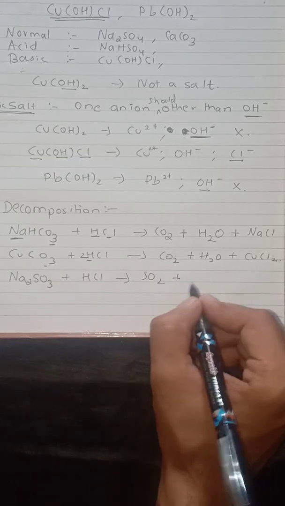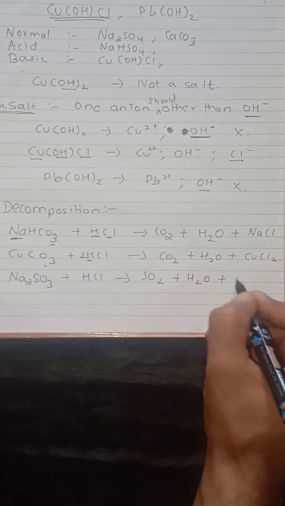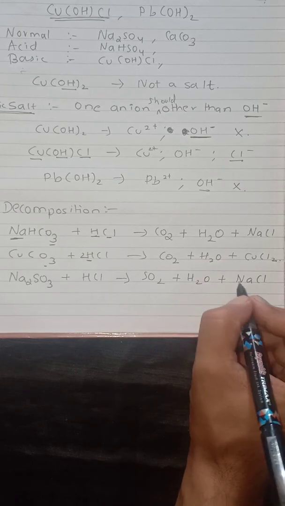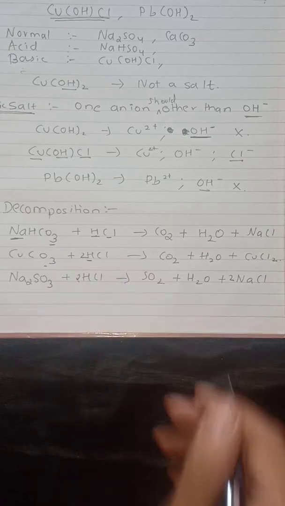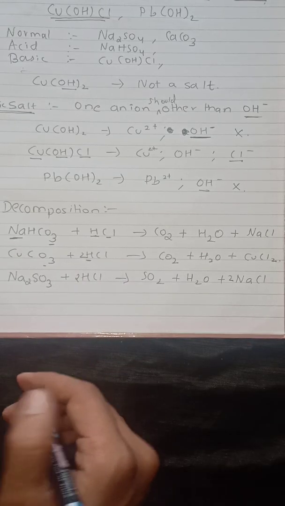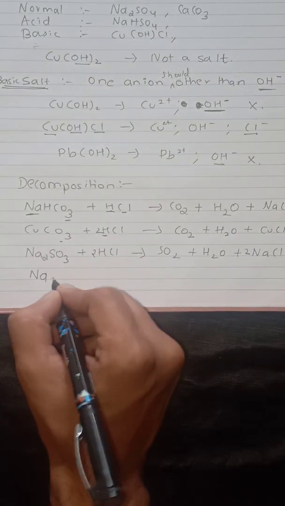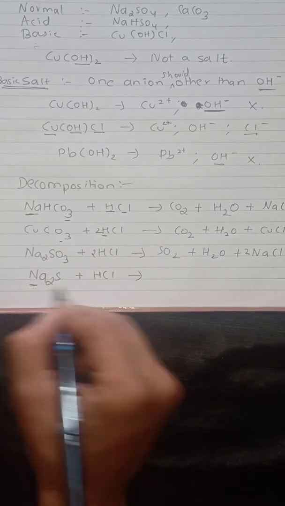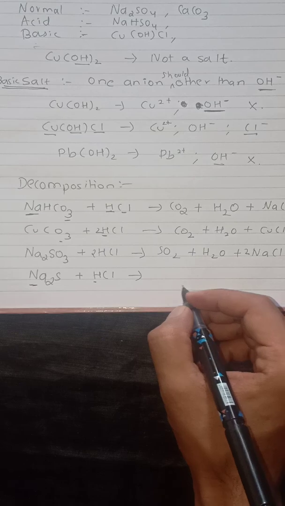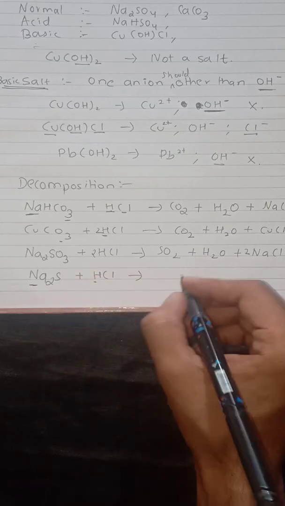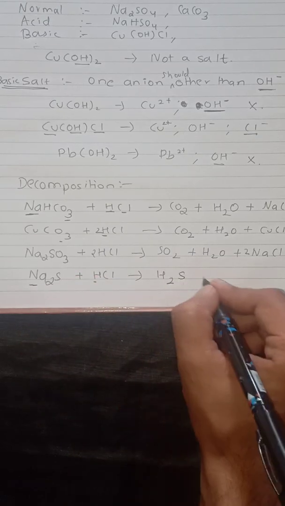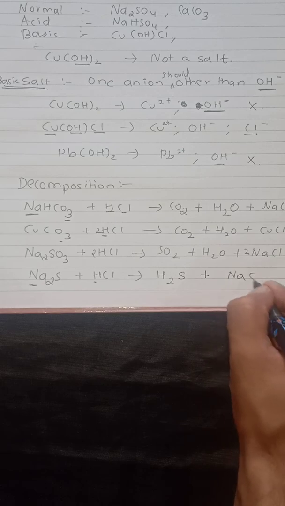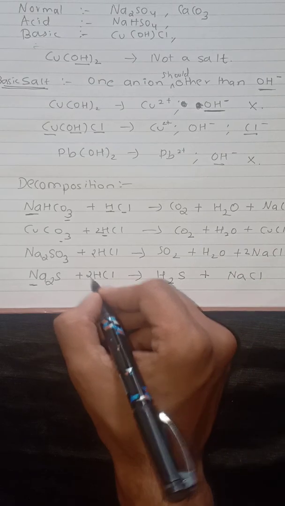One oxygen and one hydrogen will help you to form water, and NaCl will be formed. Then suppose Na2S reacts with HCl. So Na would go in the place of H, and H would go in the place of Na. So H2S and NaCl are going to get formed.